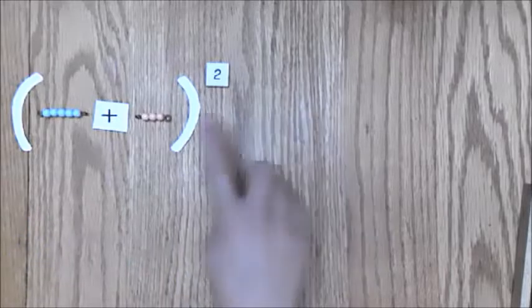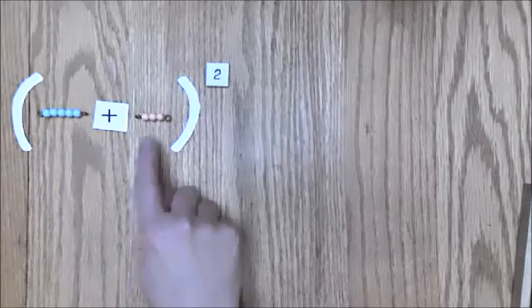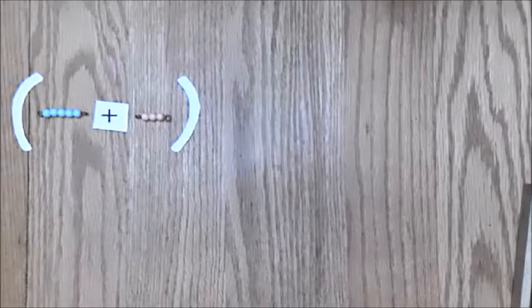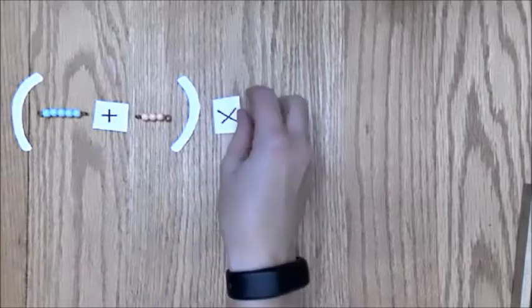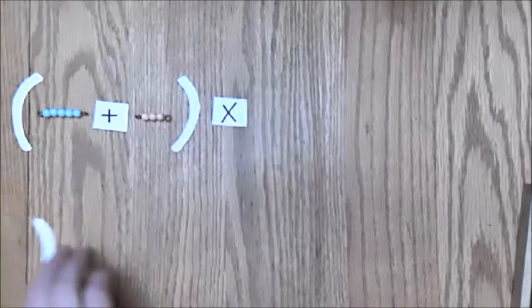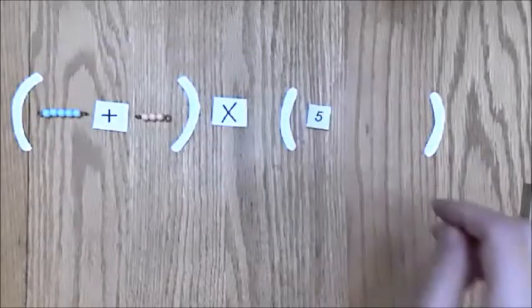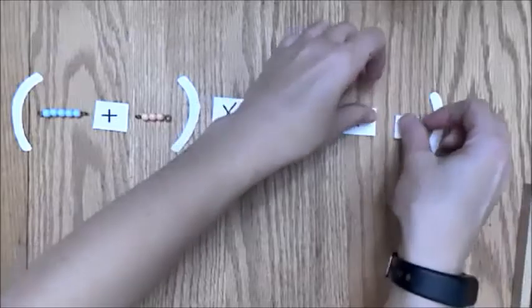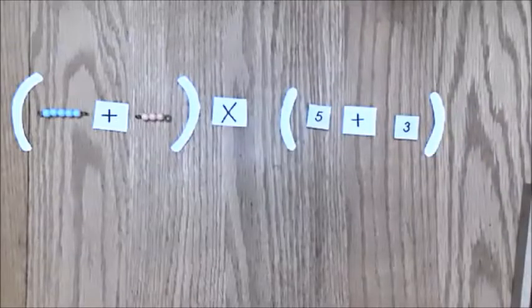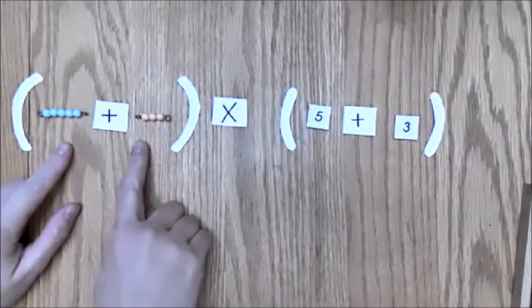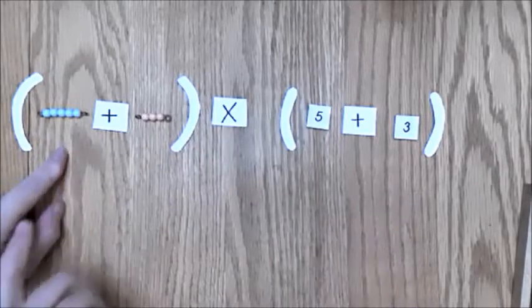So when I write this equation right here, 5 plus 3 squared, what I'm actually saying is 5 plus 3 times 5 plus 3, right? We're multiplying this sum times itself. This squared equals this.